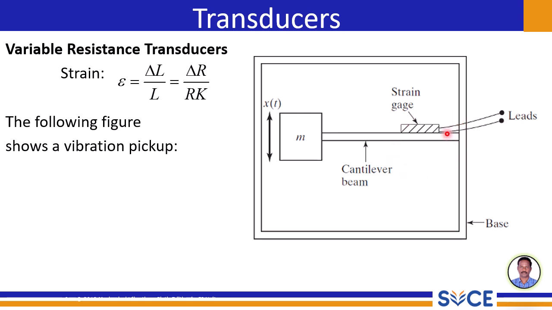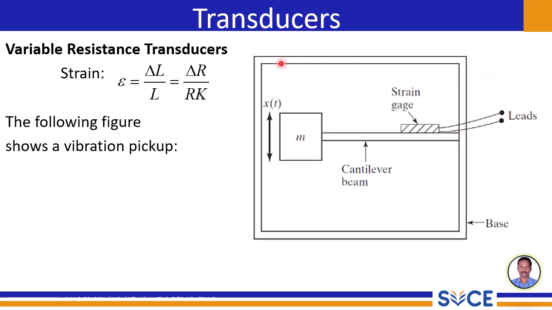By measuring the change in resistance and knowing the properties of the strain gauge and the cantilever beam, we can infer the magnitude of the strain in the beam. This strain is directly related to the bending moment exerted by the cantilever beam, which in turn is related to the inertial force of the mass.